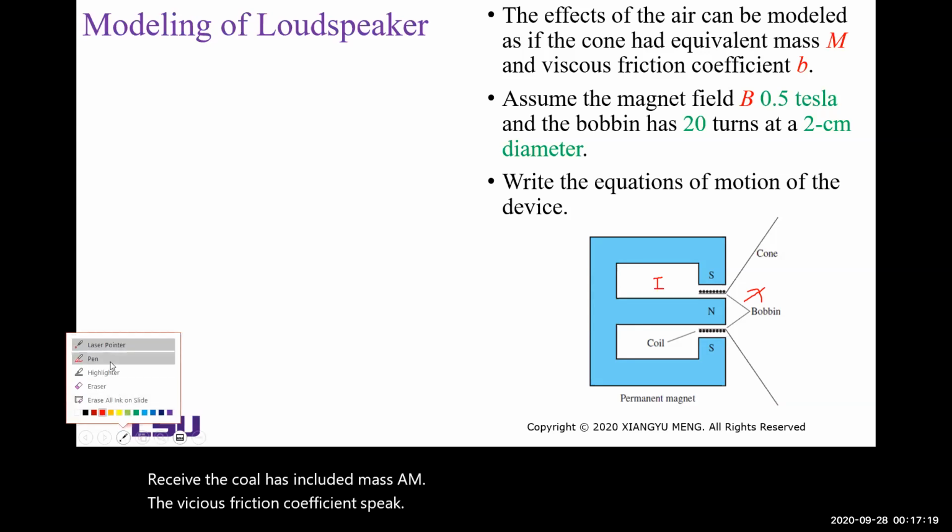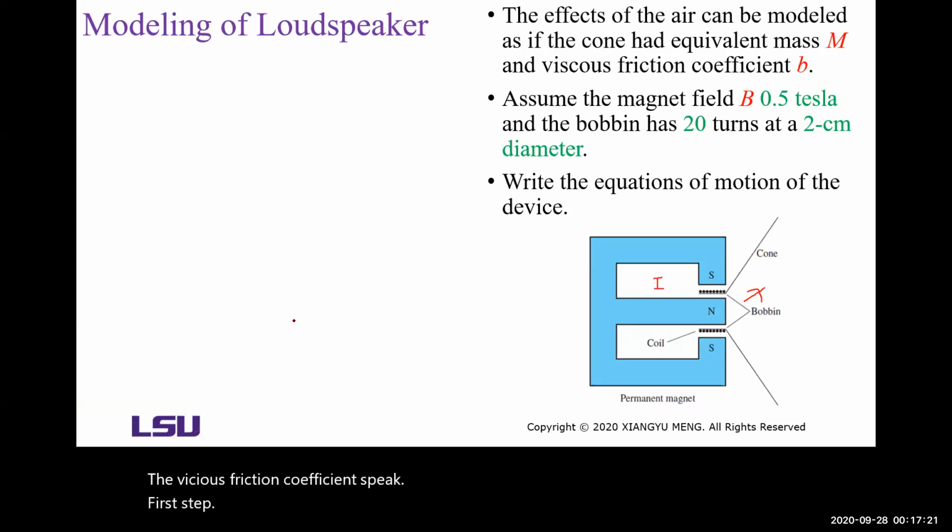First step, let's draw the free body diagram. So this is a cone, the mass is m. Then we know by the law of motor, there will be a force F. Then the friction will be in this direction.